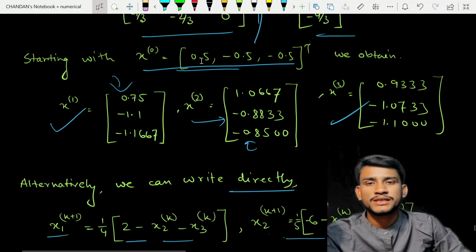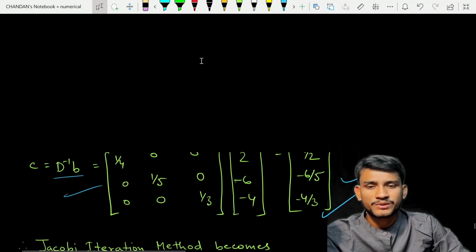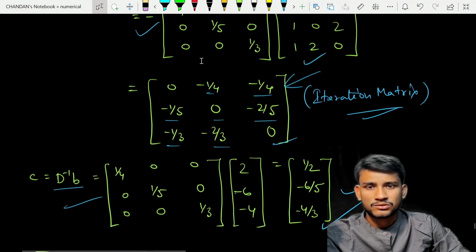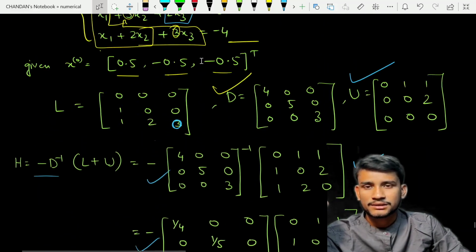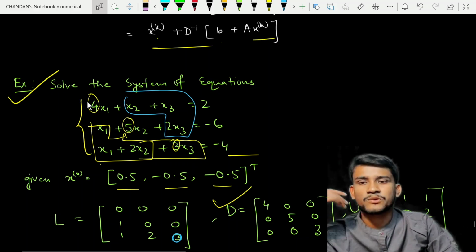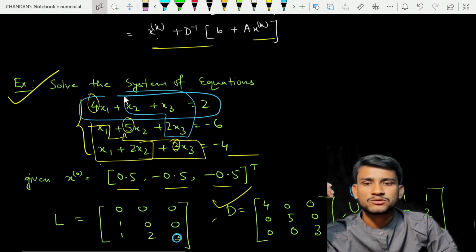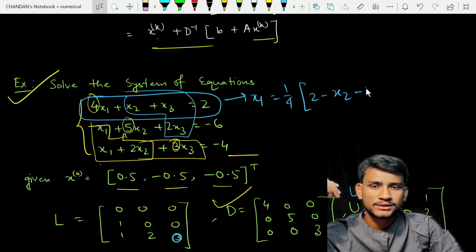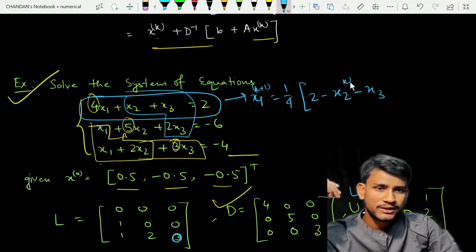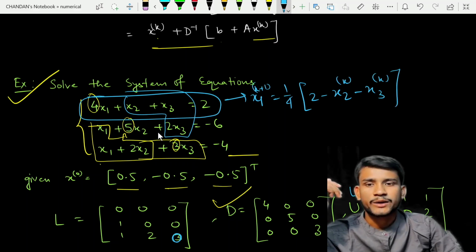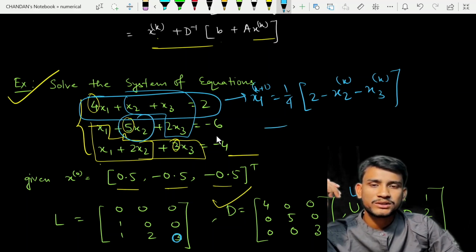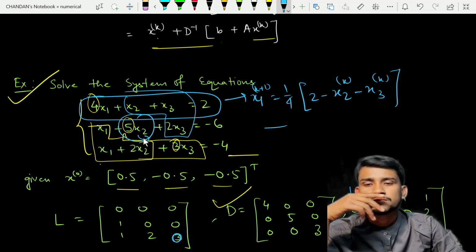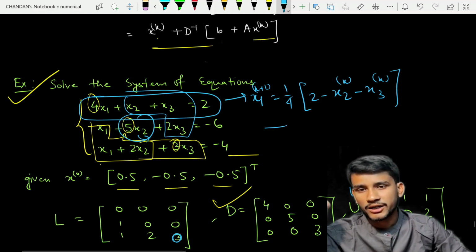If we see the coefficient matrix, from here x1 equals 1 by 4 into 2 minus x2 minus x3, this is k plus 1 and these two are k and k. And from this one we get 1 by 5 into this one, where we take x2 from the diagonal elements.